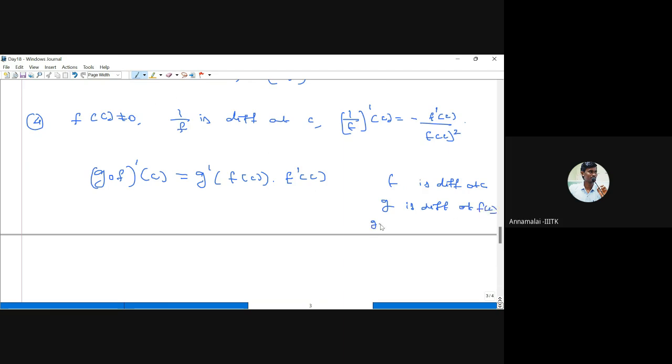Then g composition f is differentiable at c. So that is the chain rule, and the derivative is g dash of f of c into f dash of c.